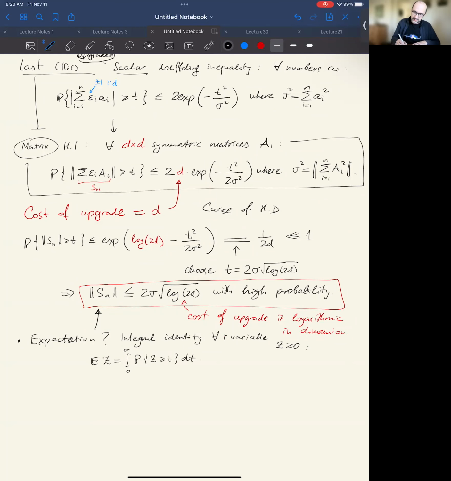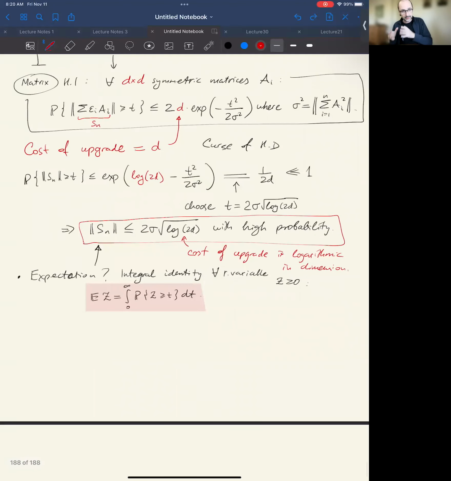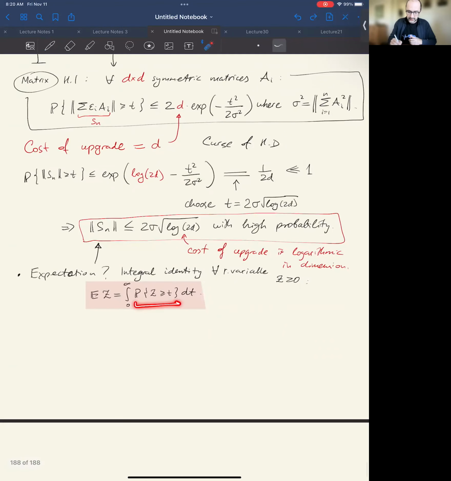A very elegant inequality that just connects tails and expectations. And we know the tail. Höfding's inequality gives us this tail, and so we integrate it, we get the expected value, naturally.